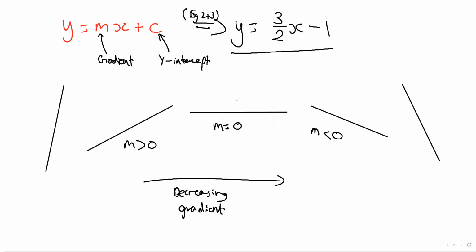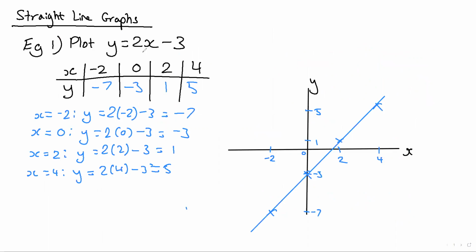So that will be the equation you can use to draw your graphs. And obviously now that we have it in that form, we can plot it using this method or just by getting any two coordinates and drawing the line.